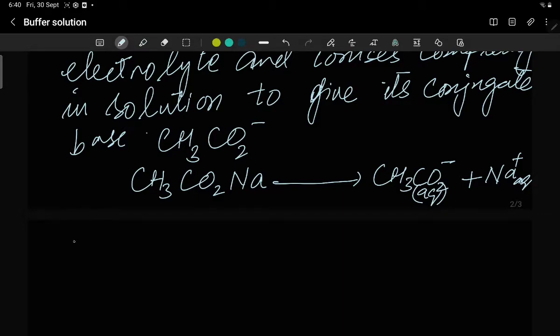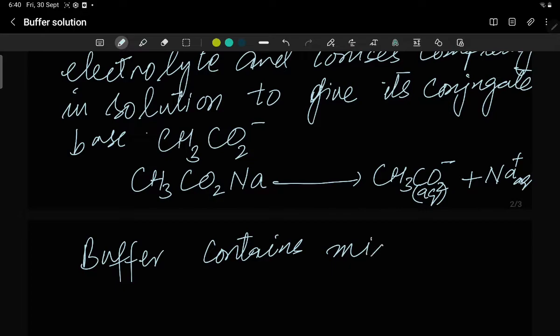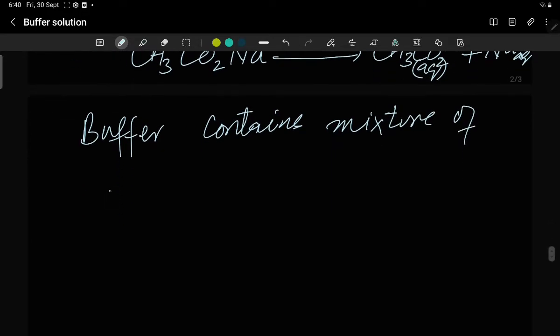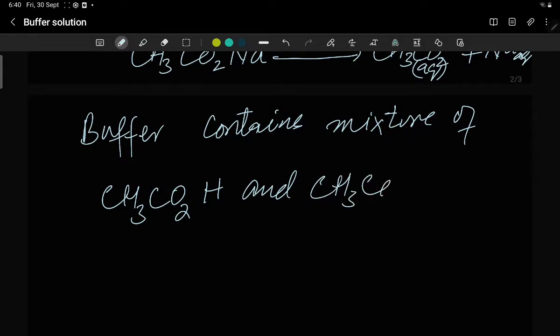So we can say that buffer contains a mixture of CH3CO2H and CH3CO2Na.